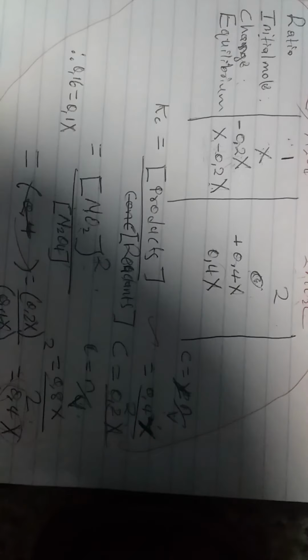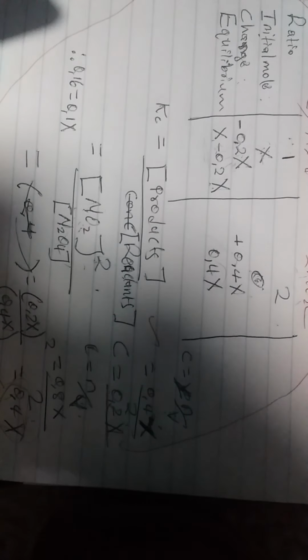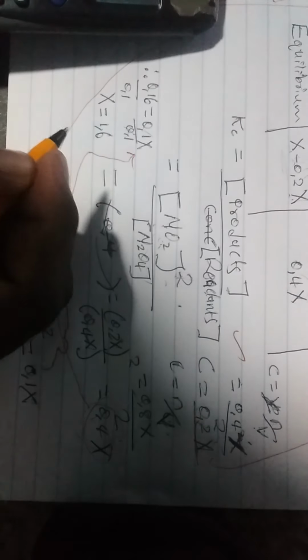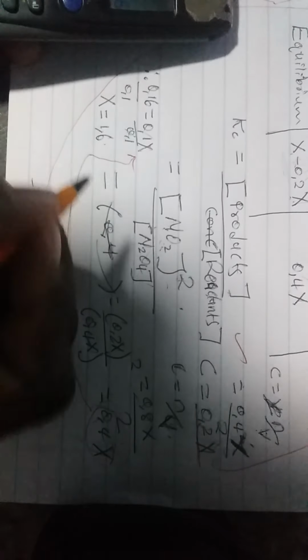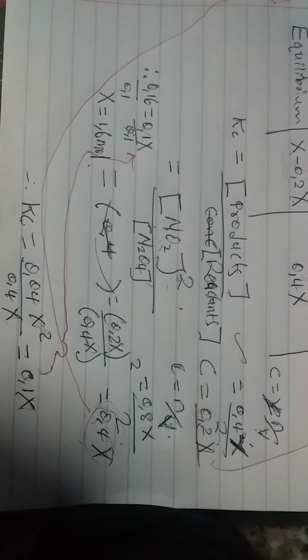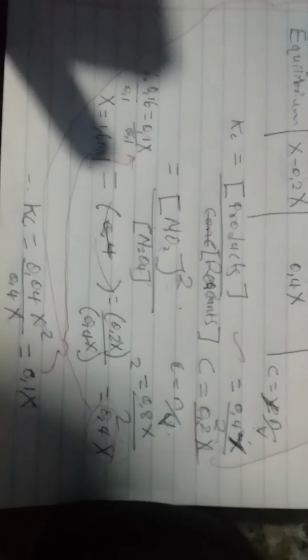I'm taking it from here, so you can just divide by 0.1, and x will be 0.16 over 0.1. This is 1.6. You have to write the units, moles. So that's how you approach these kinds of problems.